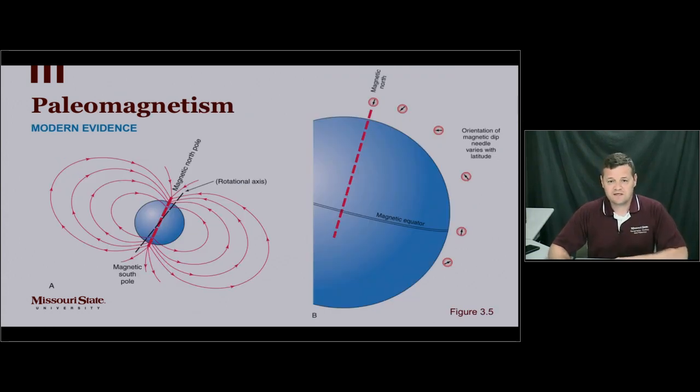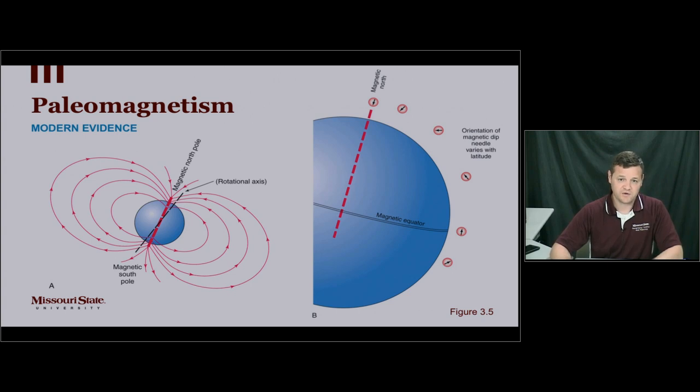Further lines of evidence that Wegener didn't use, but that came to light later, reside in the concept of paleomagnetism. We use the magnetic properties of minerals within the rocks to identify where they came from latitudinally. The Earth itself is like a giant bar magnet. Its iron- and nickel-rich core generates a magnetic field. The liquid iron outer core, which we'll talk about in a later discussion, flows around the inner core.